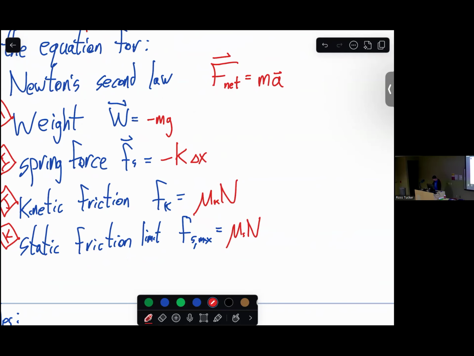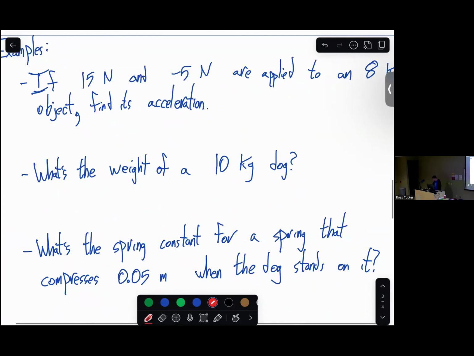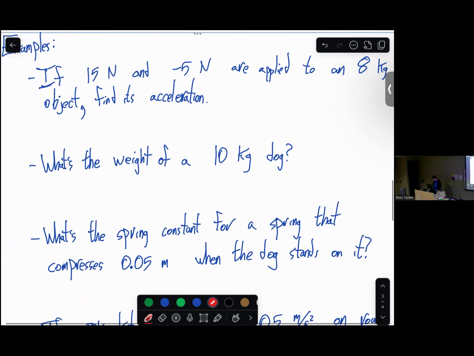Okay, now let's apply these. Can you see that? Yeah, those are uncovered.